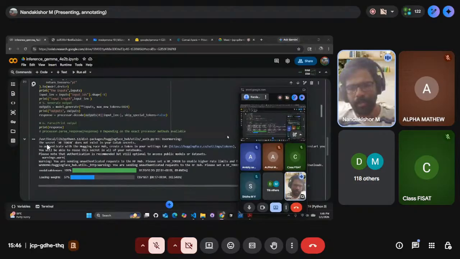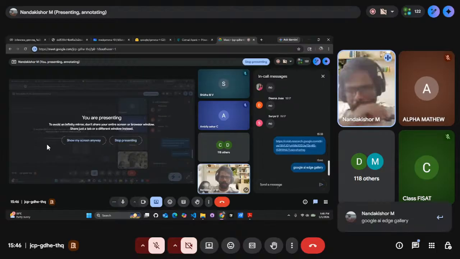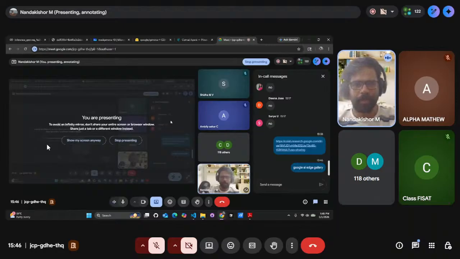Yeah, it's called Google AI Edge Gallery. You can search for it on Play Store, then use the model for inference. I think only text is supported, I don't know if it supports images, but you can run it offline. Powerful models run on your own device without ever needing an internet connection.